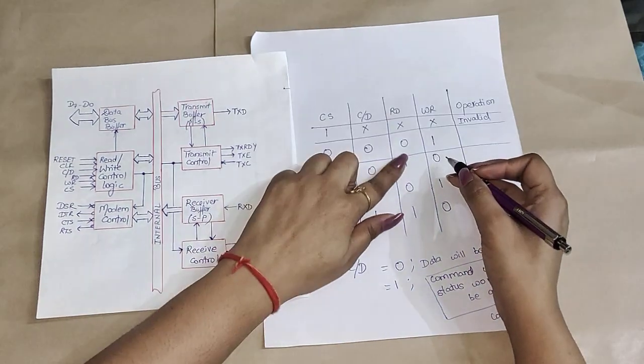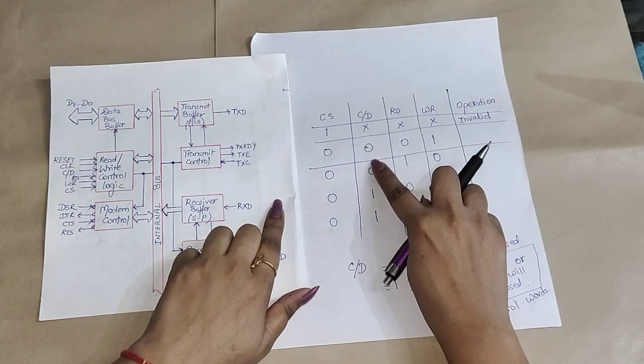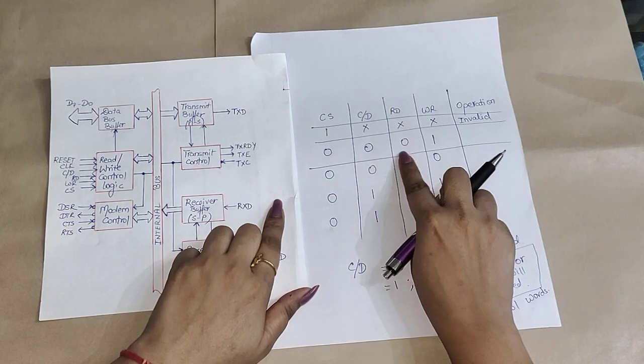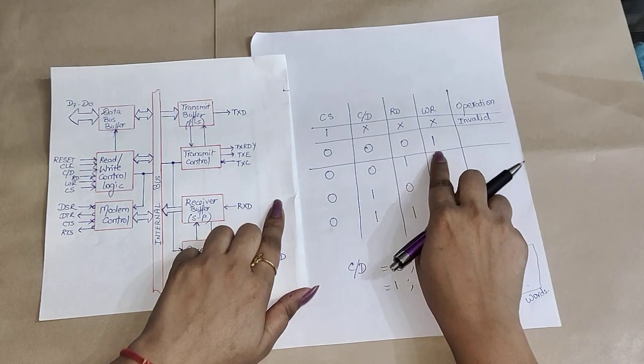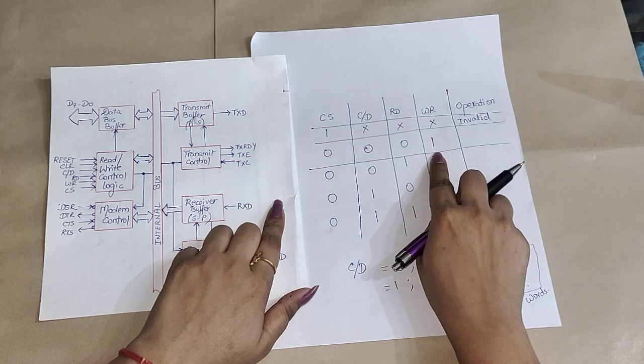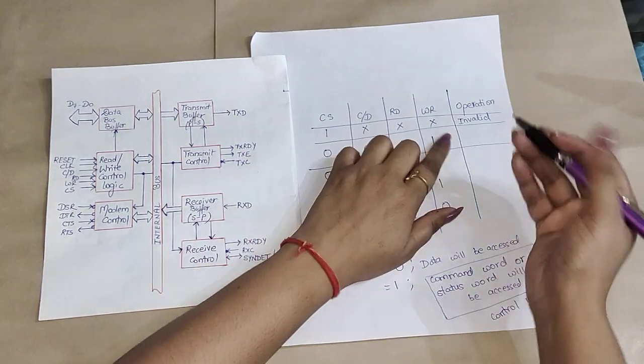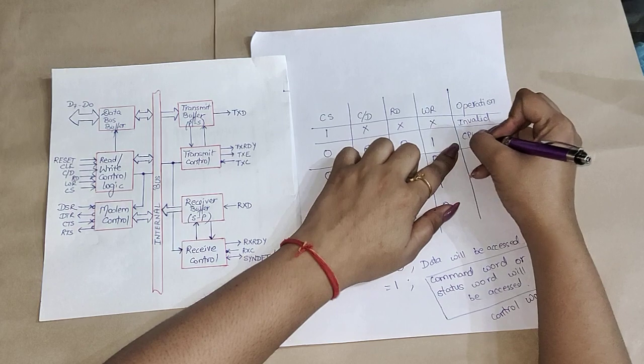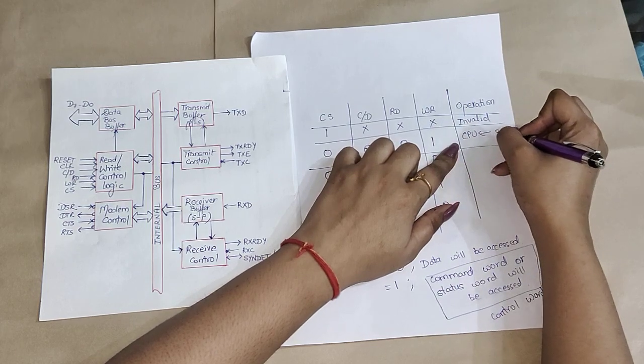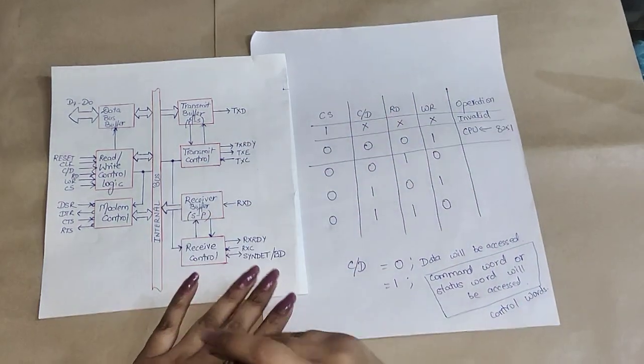Now read and write. If CD is 0, read is also 0 and write is high, that means data will be accessed from 8251 to CPU.